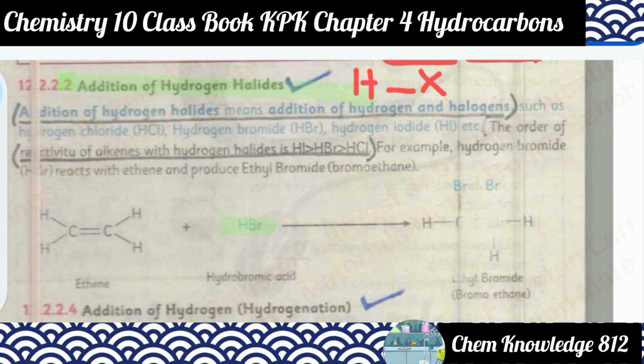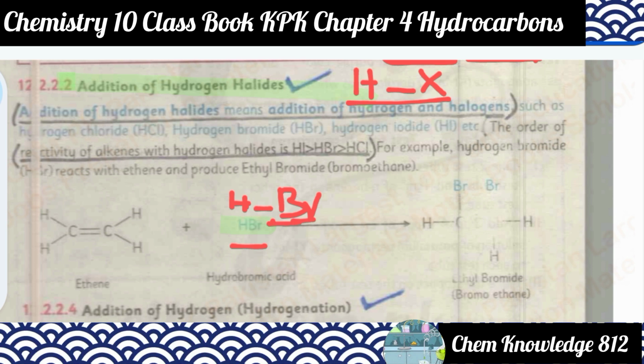In this case, this is the bromine. You can write it this way, HBr. So this is HX and X in this case is bromine.